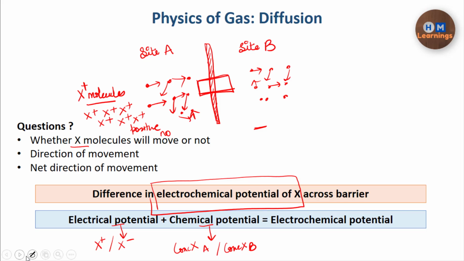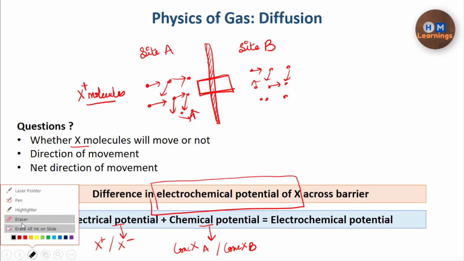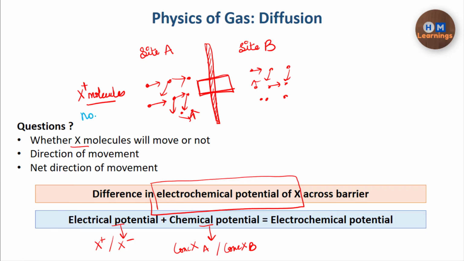If I erase it to give you a better understanding: your concentration gradient means that the number of X molecules at A is, suppose, C1, and the number of X molecules at B is, suppose, C2.